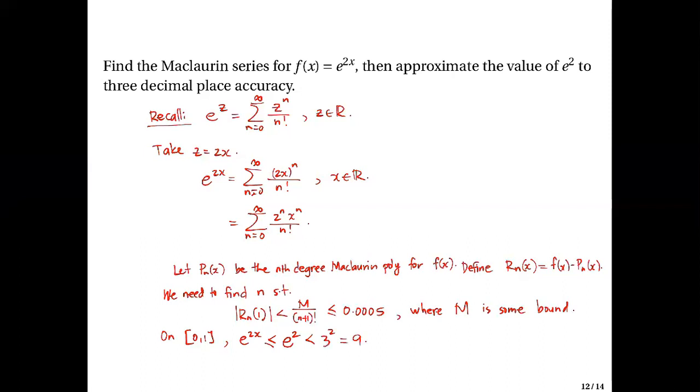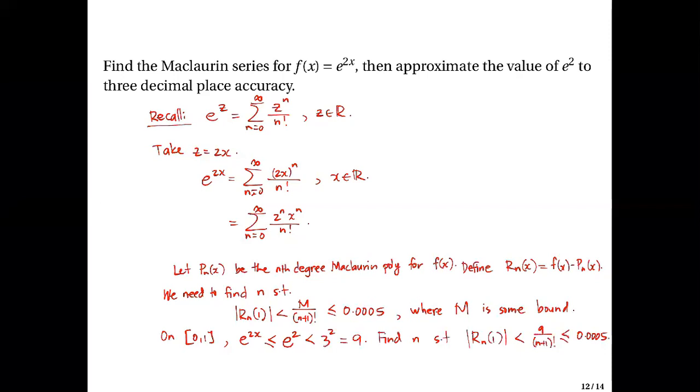So what we're going to do, we need to find n such that r sub n of 1 in absolute value will be less than 9 over n plus 1 factorial, and we want this to be less than or equal to 0.0005.